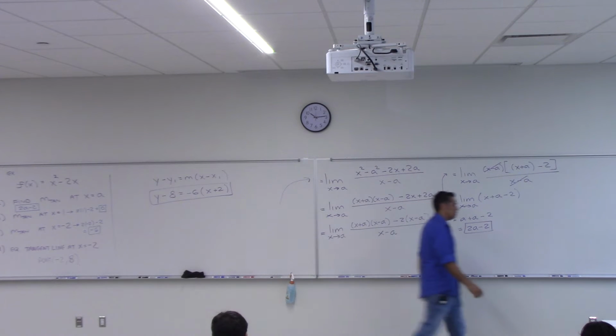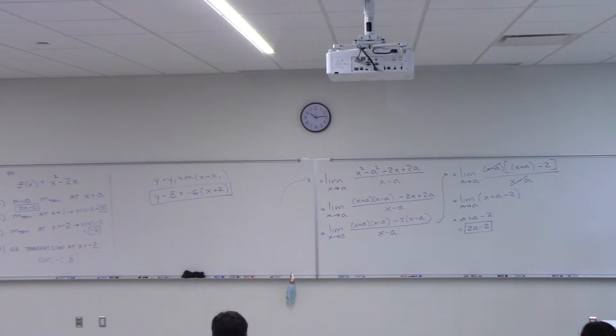Let's check our work. I'm coming over here and going to start a new graph. First, I'm going to graph the original function, y equals x squared minus 2x. It's a parabola, right? And we were interested in what was happening at -2.